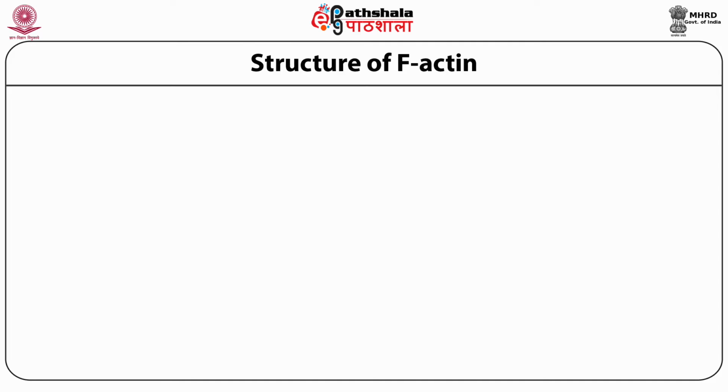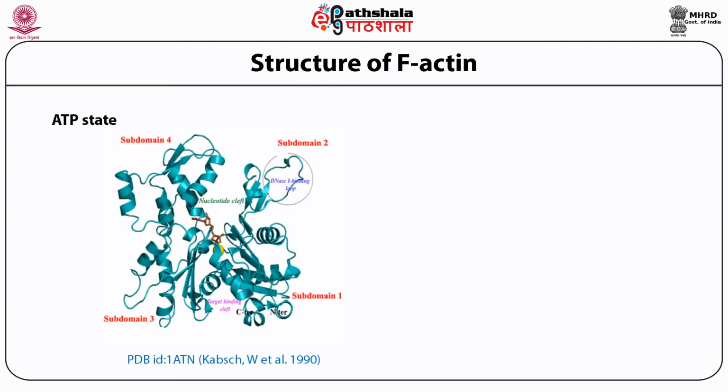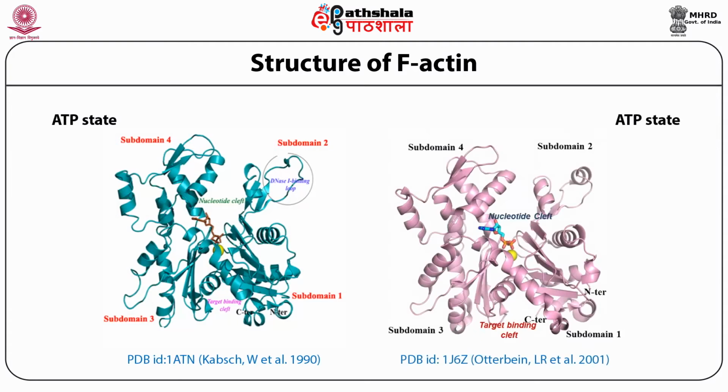Here I have shown you 2 actin structures, one with ATP, the other with ADP. So the ATP state is expected to be the G-actin state, and the ADP state is expected to be similar to the F-actin state. And you can see there is a clear difference in subdomain 2.